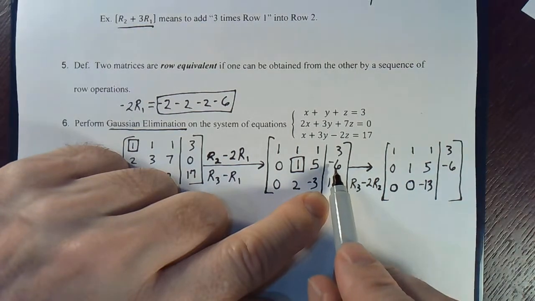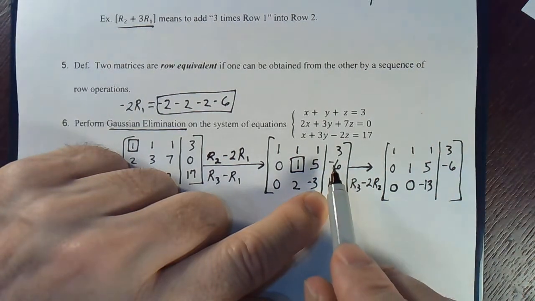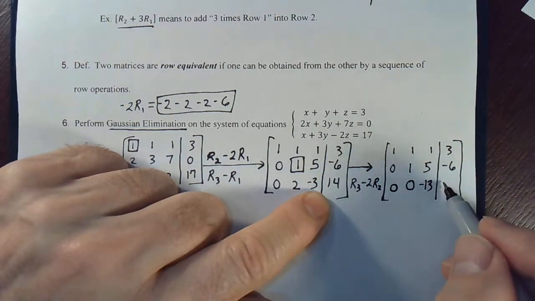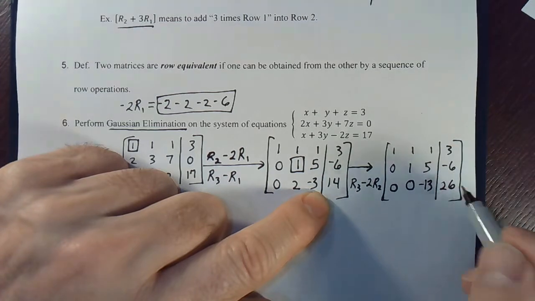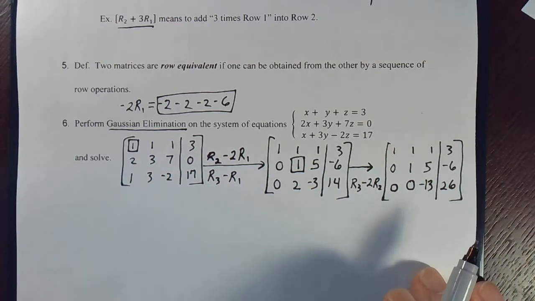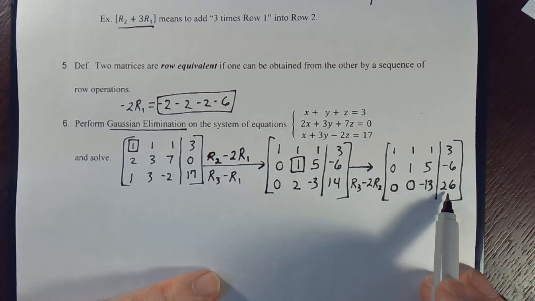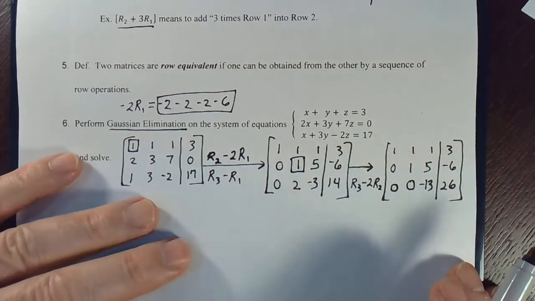Minus 2 times negative 6 is the same as plus 12. Negative 6 times negative 2 is 12. 14 plus 12, 26. Oh, I was hoping for a good number there, because this negative 13 was worrying me. But we have negative 13 and 26. So we have one more matrix to do and we're done.